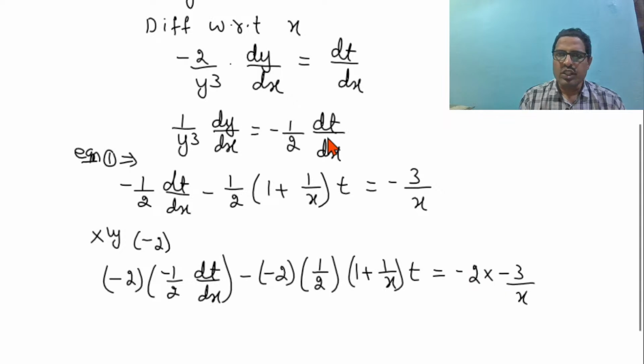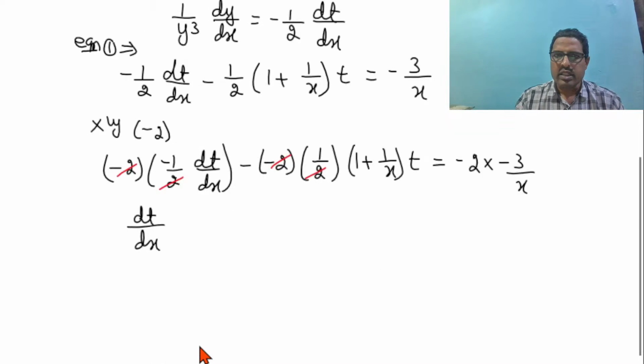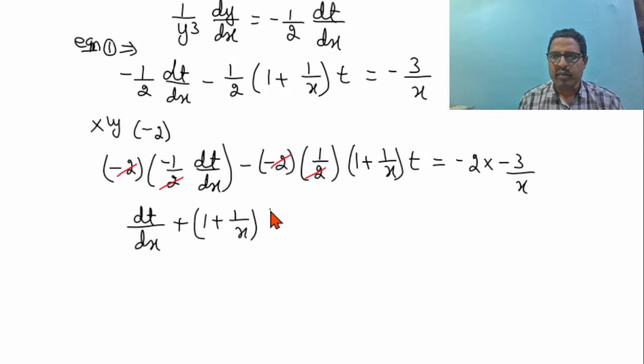So you can see that this 2 and 2 will get cancelled. You will be left with minus of minus, which is plus, dt by dx. And the next term, minus of minus becomes plus, and here you have 1 plus 1 by x times of t is equal to, on the right hand side, minus of minus becomes plus, 2 times 3 is 6, so it is 6 by x.